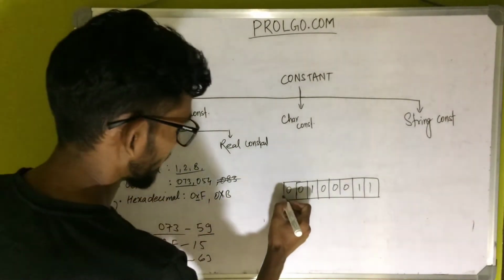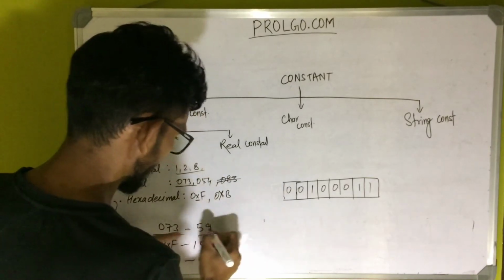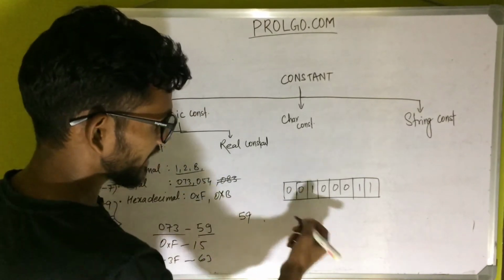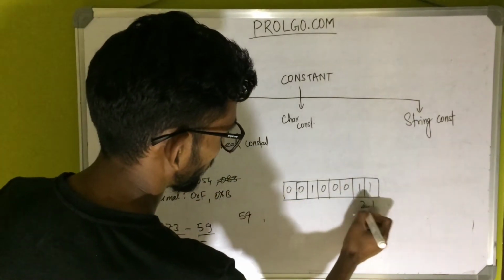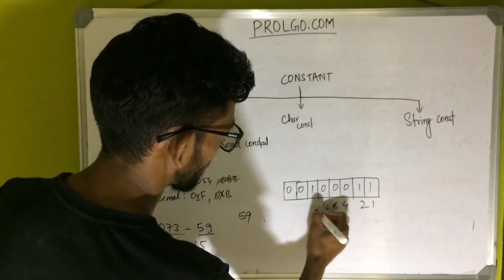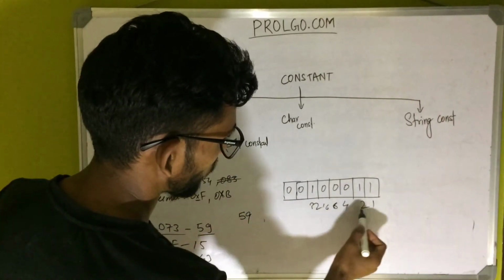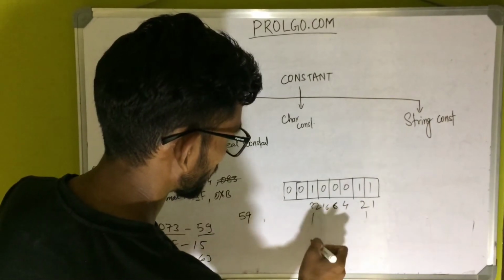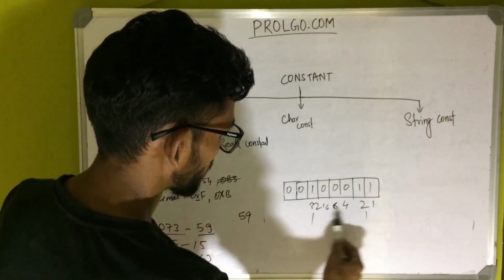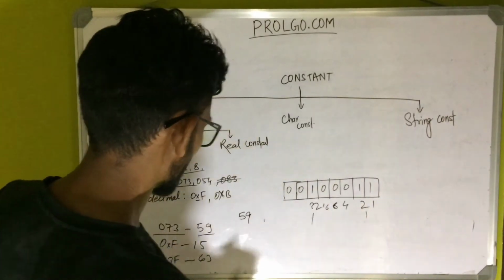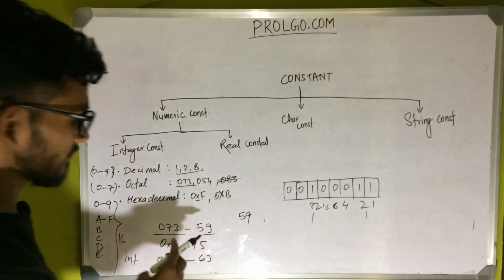And again, if we are taking directly just 59, we can check this one: 1 2 4 8 16 32, 32 plus 2, no, 34 35, no, that's incorrect. Then I'll have to check this one.